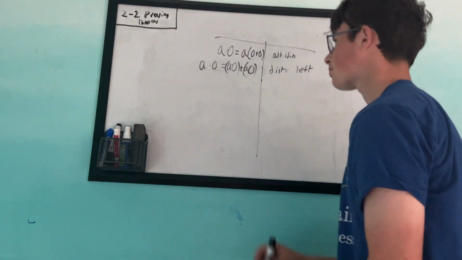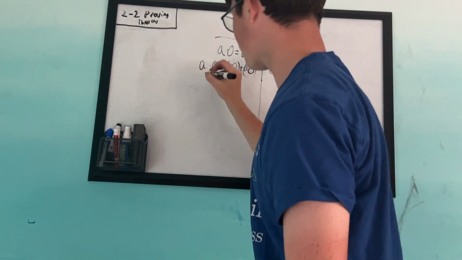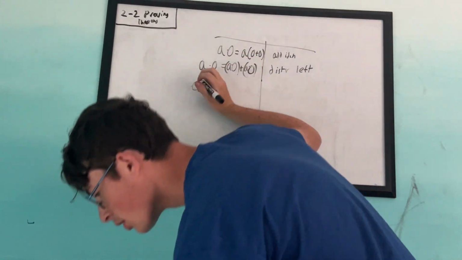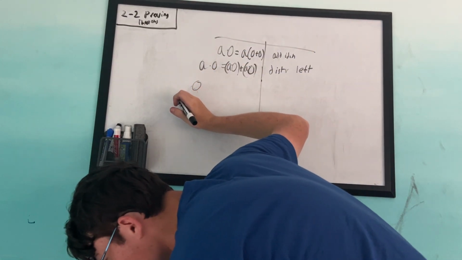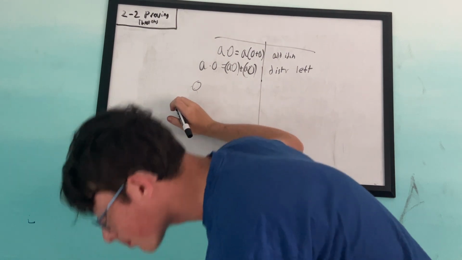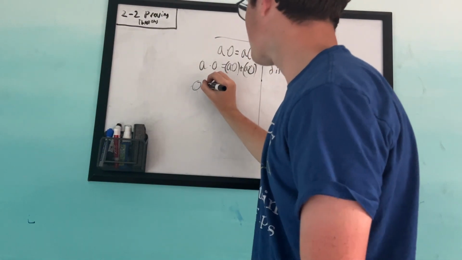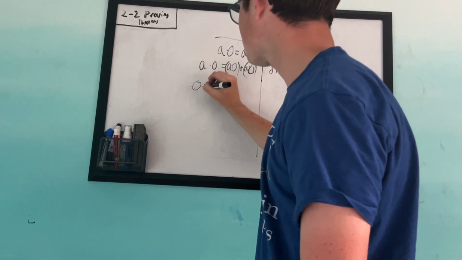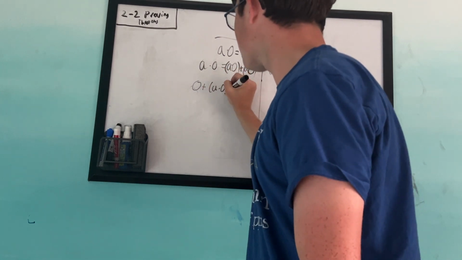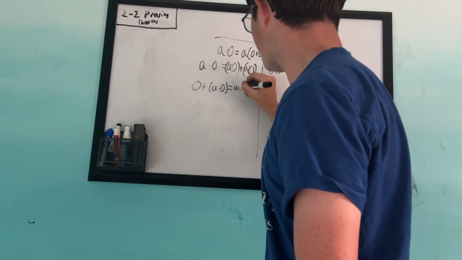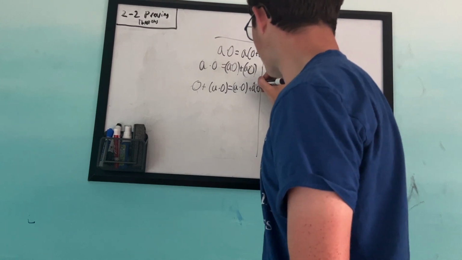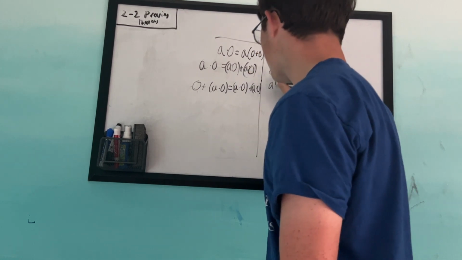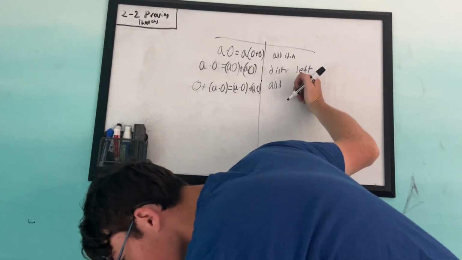You add 0 to the left side. And that's just the additive identity.